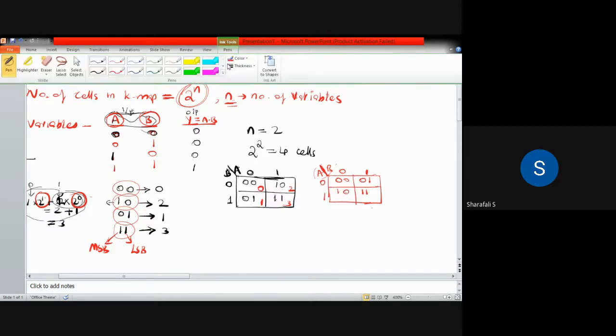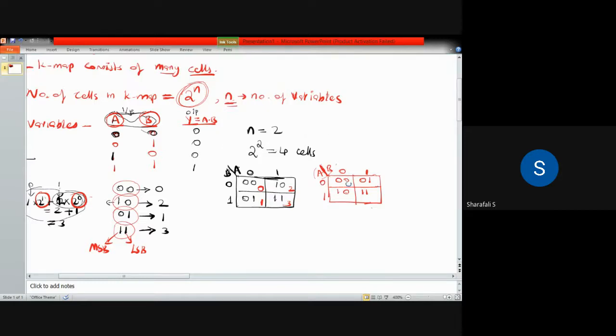In that case, if you calculate the corresponding decimal values, we will get 0, 1, 2, 3. So this 1 and 2 will be interchanged in that case, the addresses, but that will not change your result anyway. So both these representations are valid in all the cases. If you consider a third variable or fourth variable, it does not matter. You can consider the most significant bit and least significant bit either on the top or bottom of this particular line.